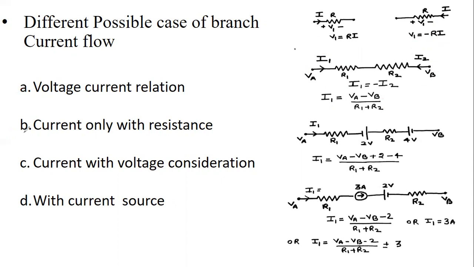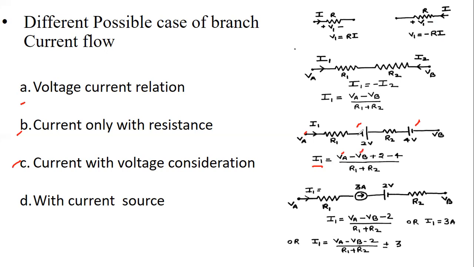So this is the first case, voltage current relation, and the second, current with only resistance. Now the third case, current with voltage consideration. If voltage sources are given in a branch, how can you find the current I? For the potential difference, always subtract the node potentials, because the current direction is from A to B. So first subtract the potential of node B from A, so this is VA minus VB.